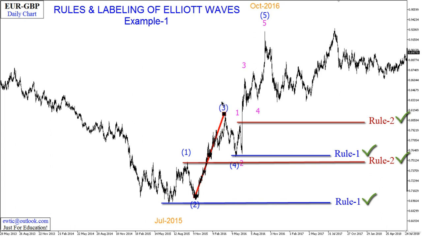We can see clearly that this blue bracketed third wave is longer than blue bracketed first wave. So it is proved that wave 3 is not the shortest impulse wave out of these 3 waves, waves 1, 3 and 5. Let's apply the same rule on these subdivisions of fifth wave.